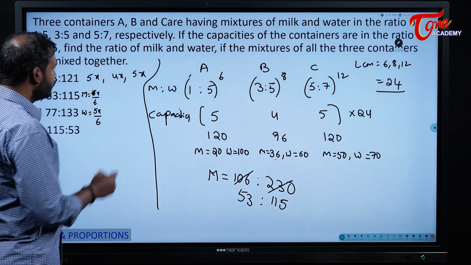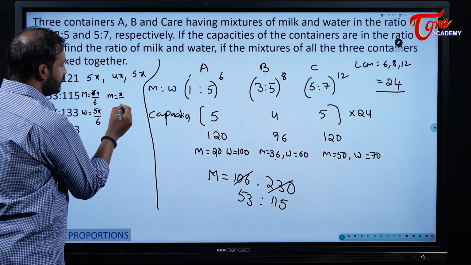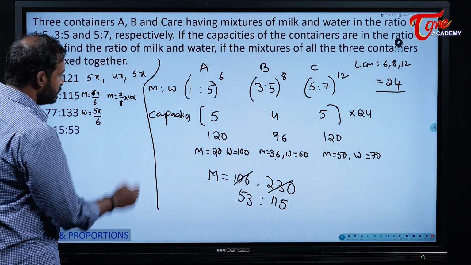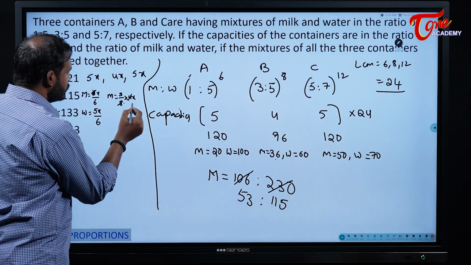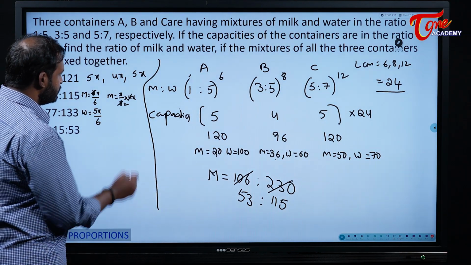Okay, good, superb. When it comes to the second one, what will be the milk portion here? 3/8 of 4x. So 4 ones, 4 twos. So milk will become 3x/2.